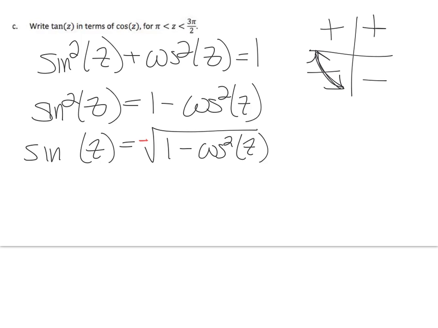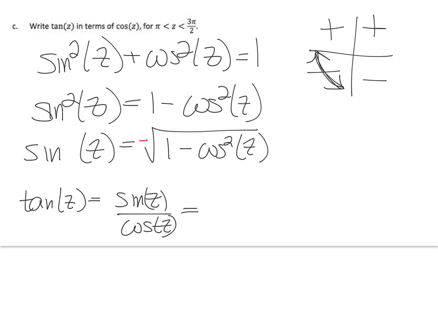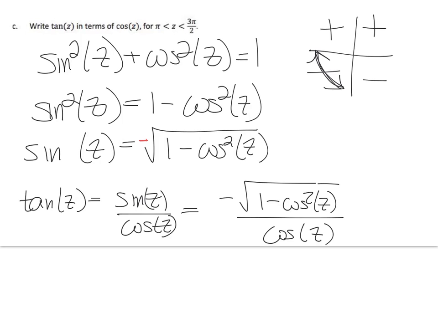Because tan z equals sine z over cosine z, we now know tan z equals negative square root of 1 minus cosine squared z, over cosine z. That was fun.